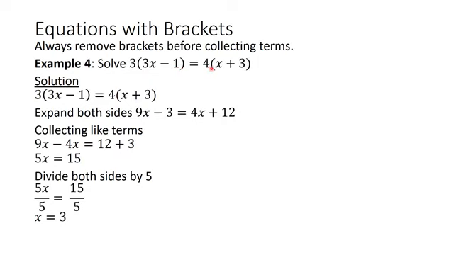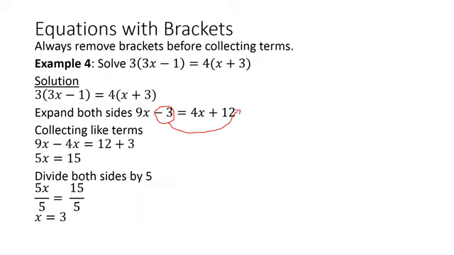Same thing on the right hand side. 4 times x, I have 4x. 4 times 3, I have 12. So if I collect like terms, collecting like terms now, so this very one, the whole of this will cross over to this side.